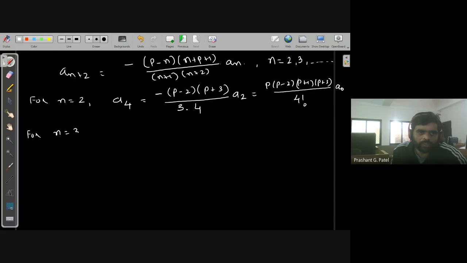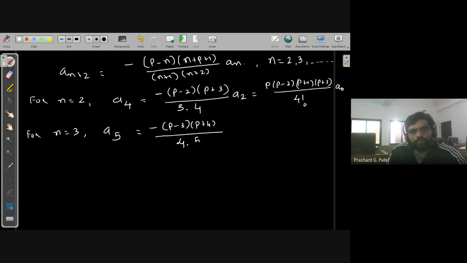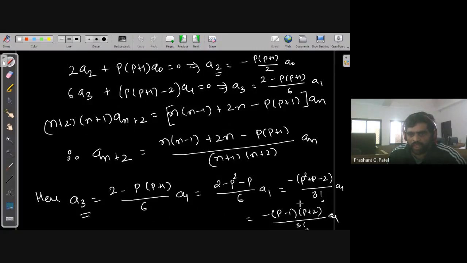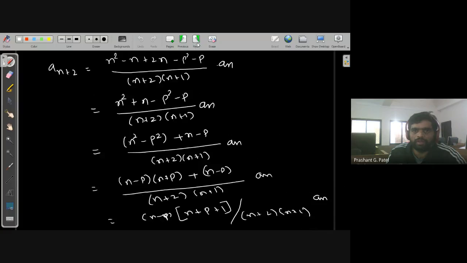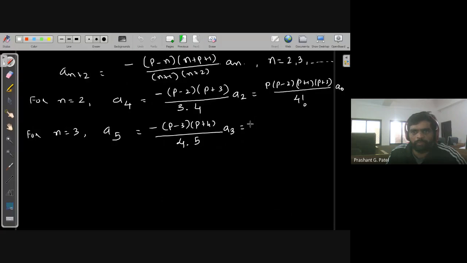For n equal to 3, we will have a5, which will be minus (p minus 3)(p plus 4); that means n equal to 3, you have to substitute here. (p minus 3)(p plus 4) upon 4 into 5 a3. Now the value of a3 we have calculated here, which has a minus, so minus minus becomes plus.